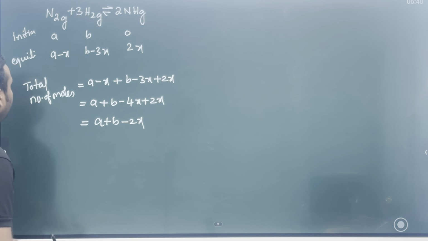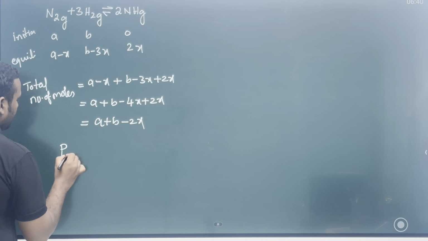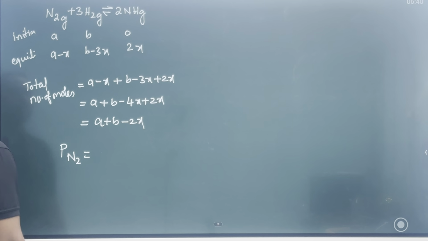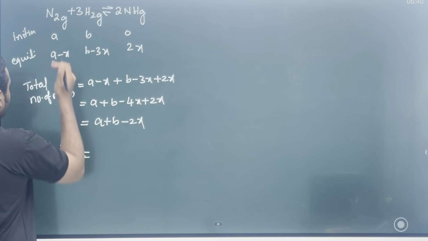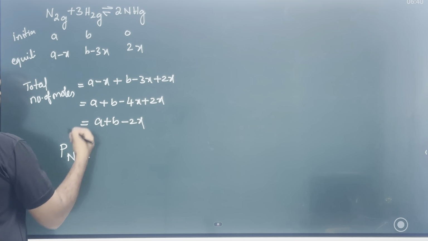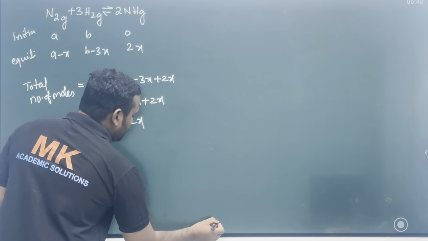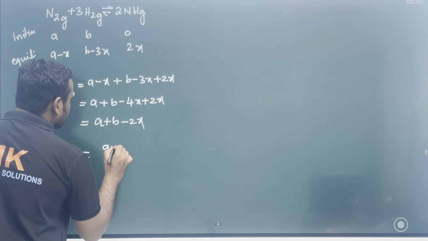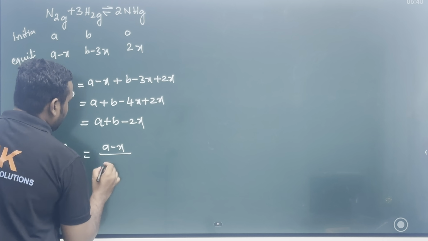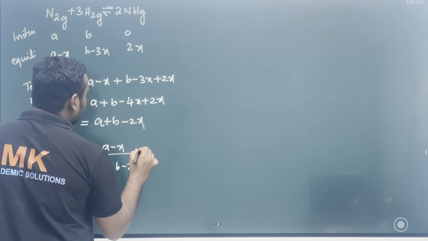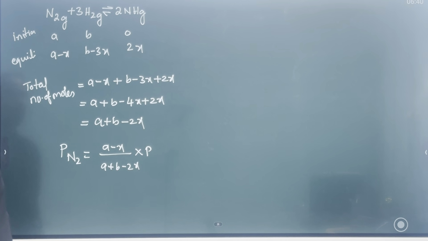Next, partial pressure of N2. Partial pressure of N2 is the number of moles of N2 at equilibrium, that is A minus x by A plus B minus 2x into P. P is the total pressure.